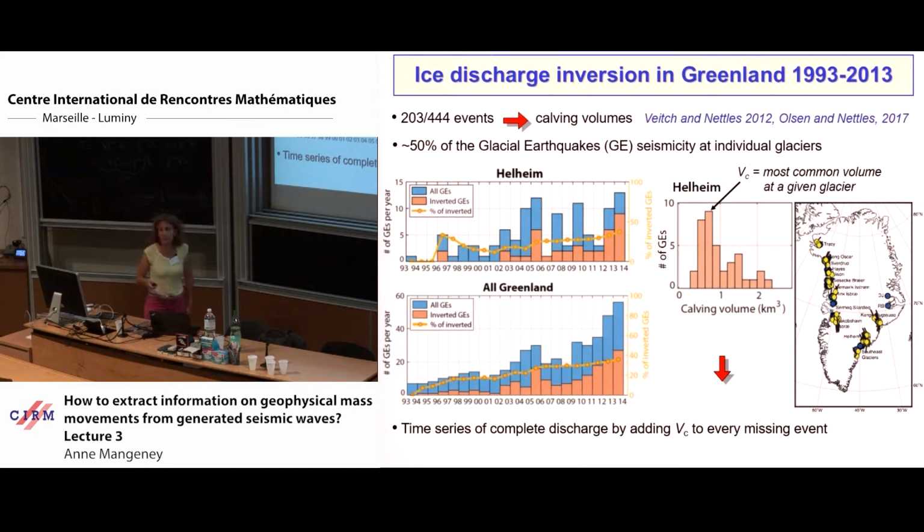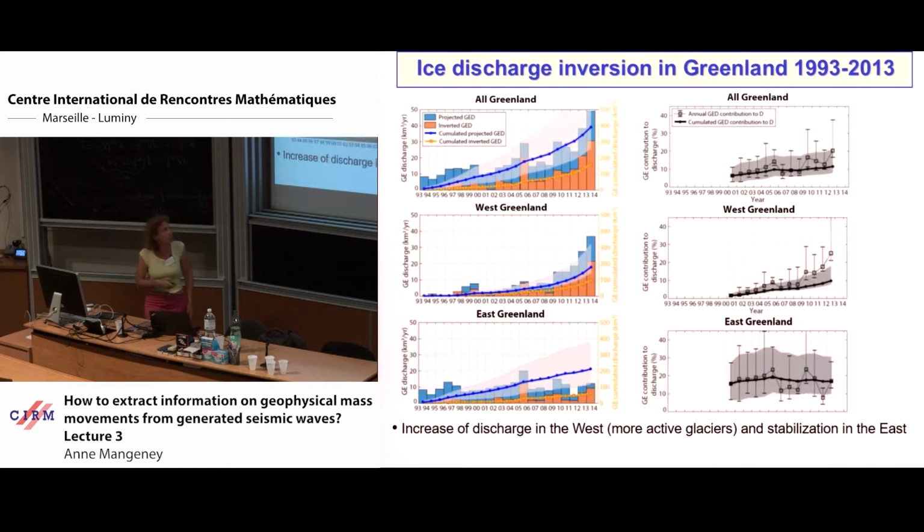And now we try to see the volume, thanks to our method. What you see here is the volume, the discharge per year, as a function of time. And you see a strong increase of the cumulative volume of ice mass loss all over Greenland.